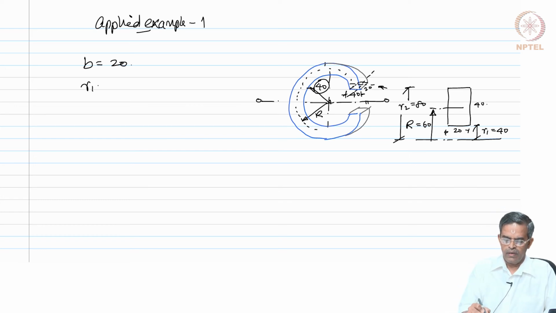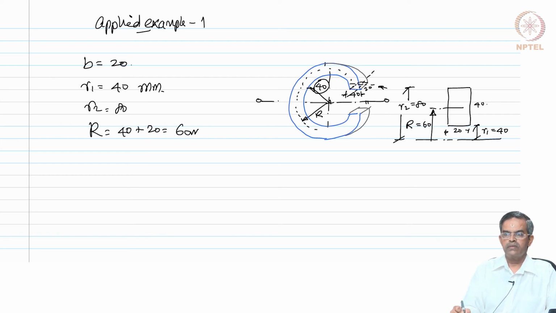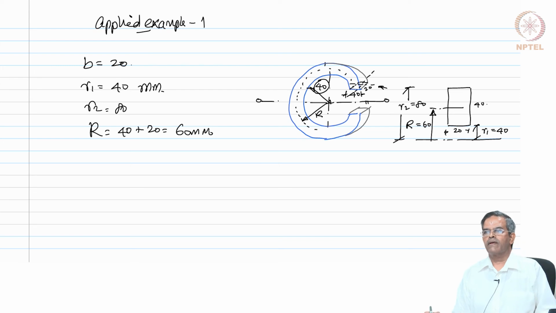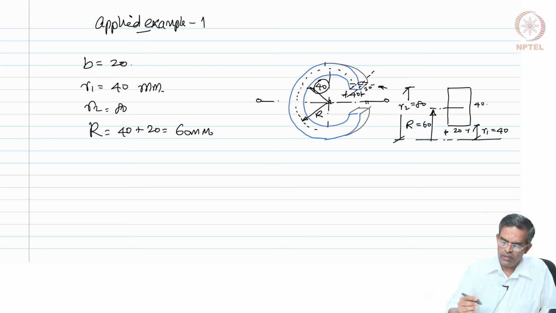R1 is 40 and R2 is 80 and R is 40 plus 20, which is 60 mm. Let us say this is subjected to a load P, which is about 20 kilonewtons.